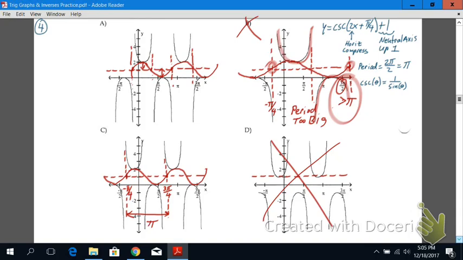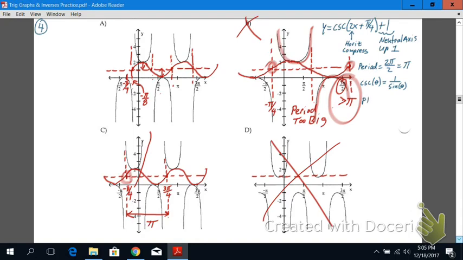So last but not least, let's take a look at the phase shift. Look where this curve is starting. It's not starting quite at pi over 4. It looks like it's starting more like pi over 8, whereas this one down here, on choice C, definitely looks like the asymptote is starting right there at pi over 4.